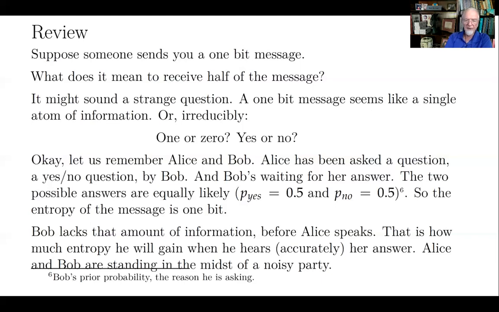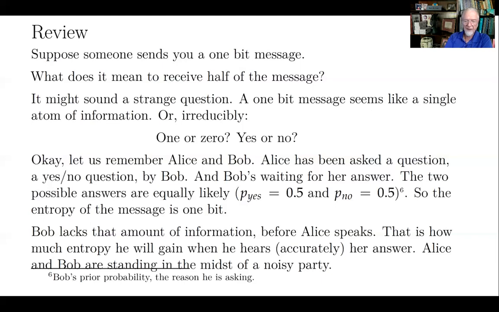And the entropy of the message, because it's taken from the point of view of Bob's probabilities, is 1 bit. Alice had better have nearly 0, very small entropy, or she wouldn't be able to answer the question accurately. So Bob lacks that amount of information before Alice speaks. So how much entropy will he gain when he hears accurately her answer?